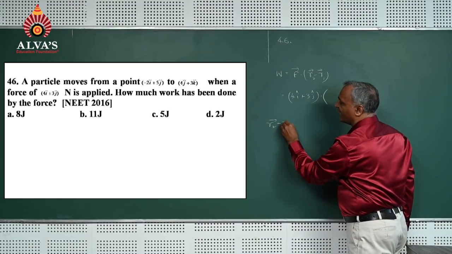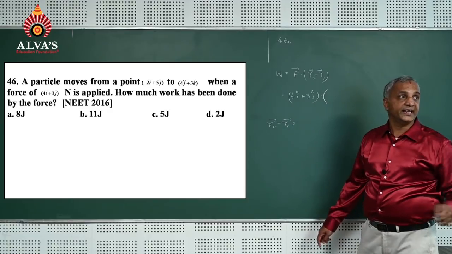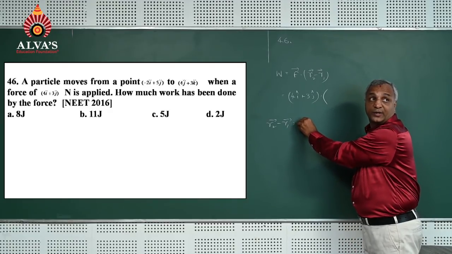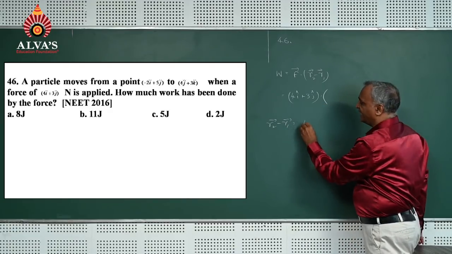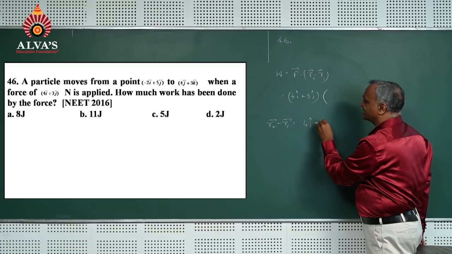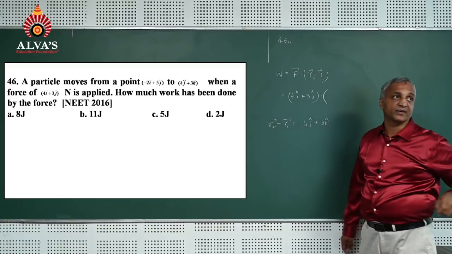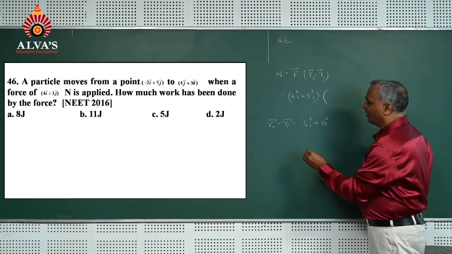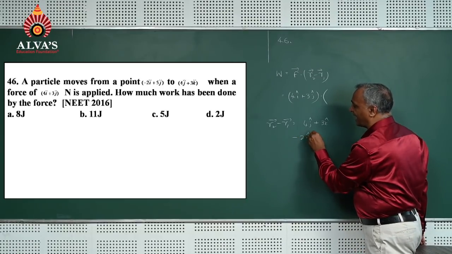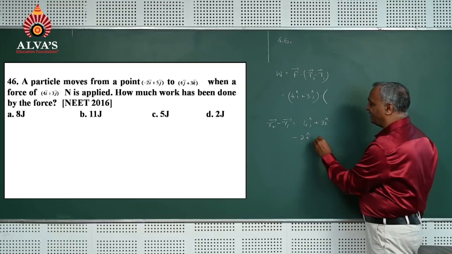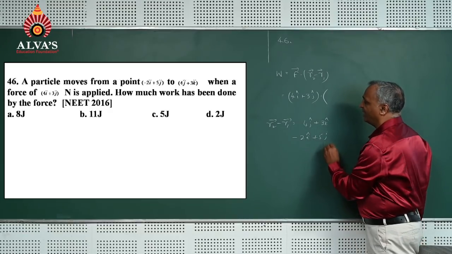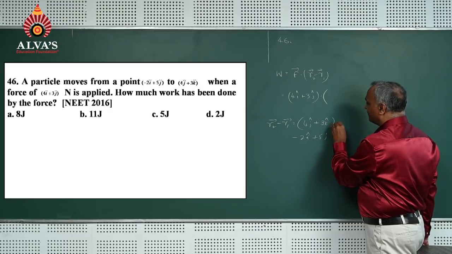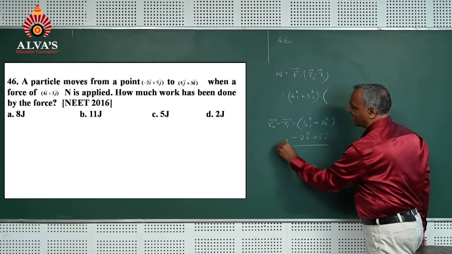R2 minus R1 will be equal to, R2 is 4 j cap plus 3 k cap, it is given, and initial position is minus 2 i cap plus 5 j cap. So this minus this I have to take.